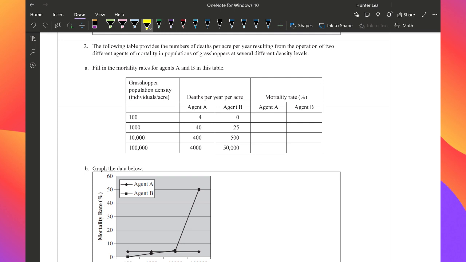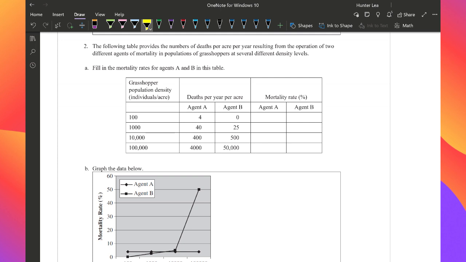So let's see here. Fill in the mortality rates for agents A and B on this table. So the agent of mortality is what is killing them, presumably. In populations of grasshoppers at several different density levels. So density levels being more grasshoppers per unit area, I presume? Yep, individuals per acre.